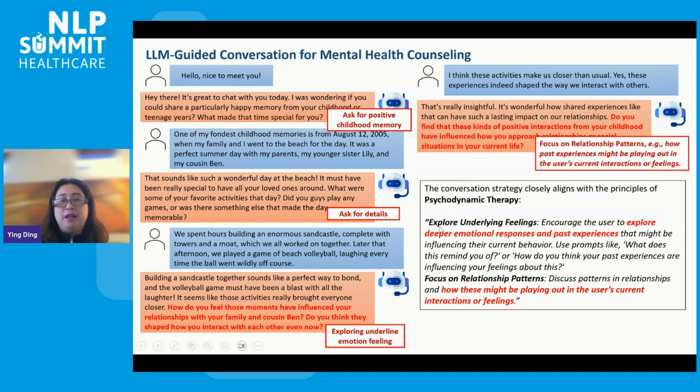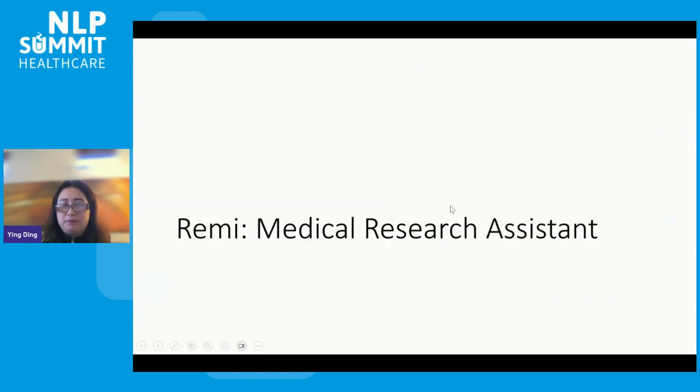Basically, we ask the patient to explore underlying feelings, deeper emotional responses and past experience, and also focus on relationship building to find relationship patterns, and how this might play out in the user's current interactions and feelings. So with all this, we ask questions and guide the therapy, really implementing the psychodynamic therapy strategies.